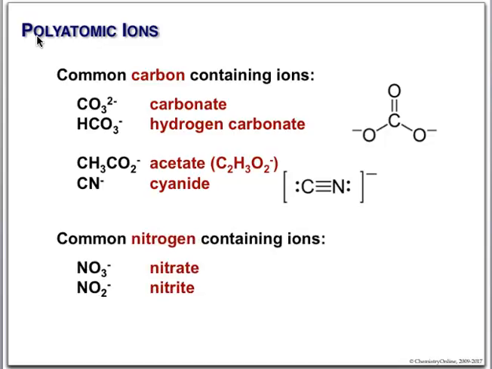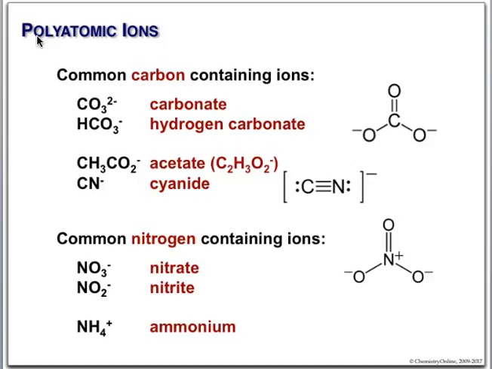Nitrogen. Nitrate is our parent. Nitrite, we take 1 oxygen away. Again, they have the same charge. And the only positively charged polyatomic we're going to talk about all semester is ammonium. NH3 is ammonia.